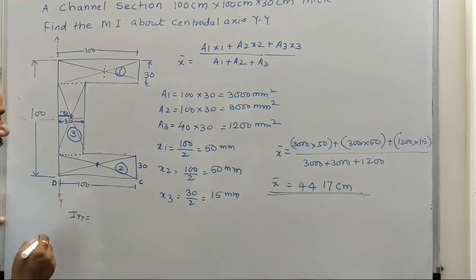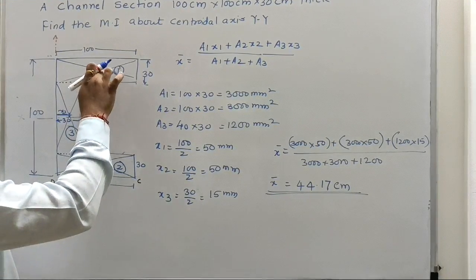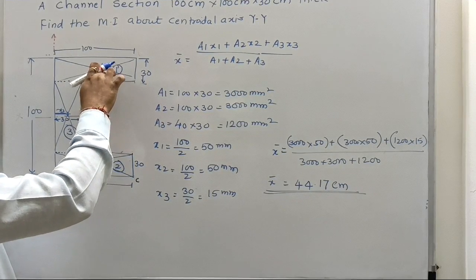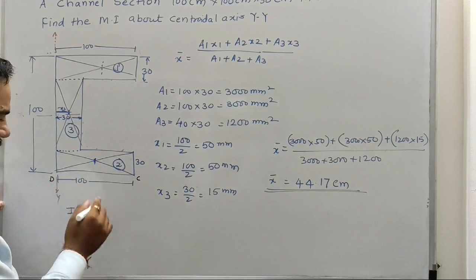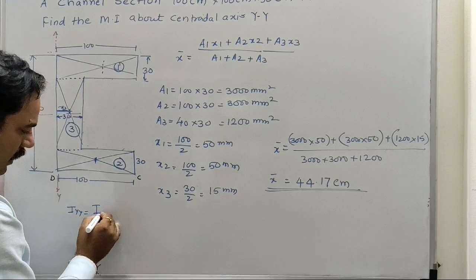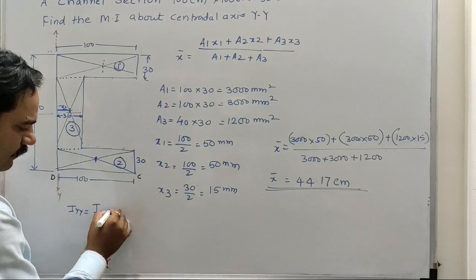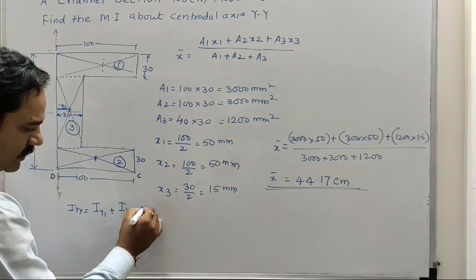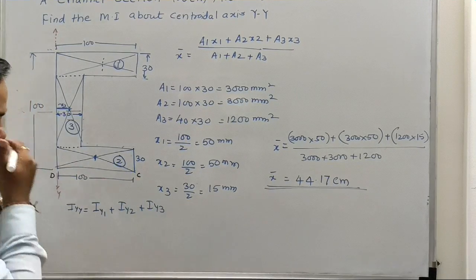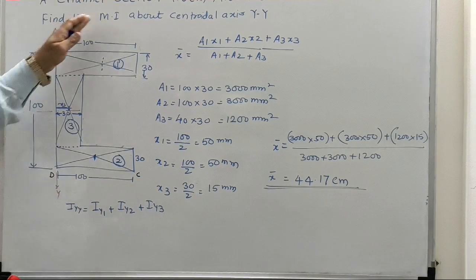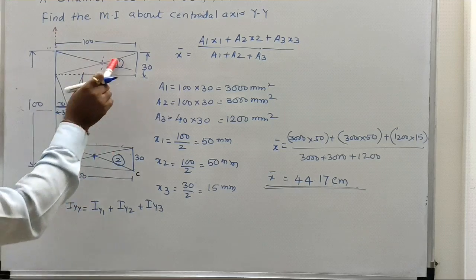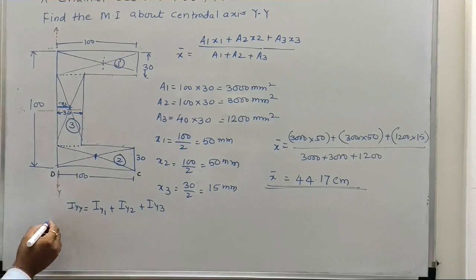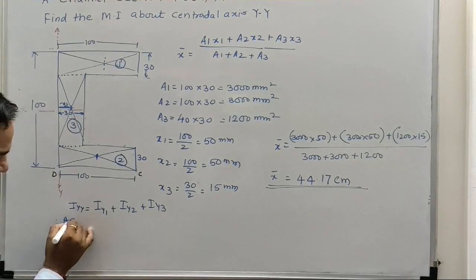So for calculation of IYY, it is the moment of inertia of the first part plus the moment of inertia of the second part plus the moment of inertia of the third part. So IY1 plus IY2 plus IY3. Now the total figure's centroidal axis is at a different level from these parts 1 to 3. Therefore, we will use the parallel axis theorem.